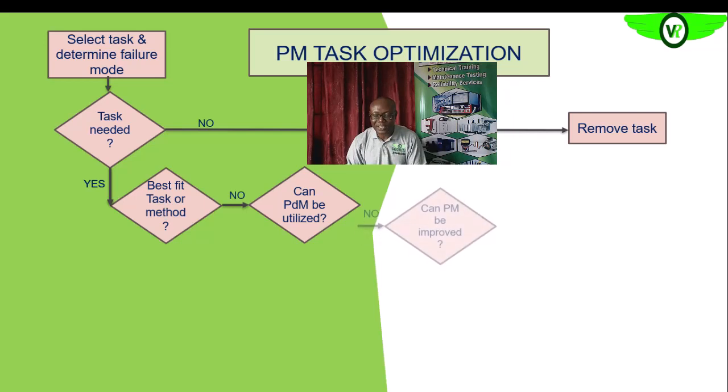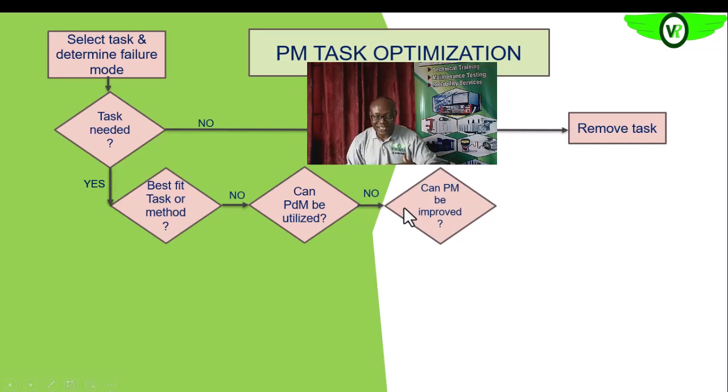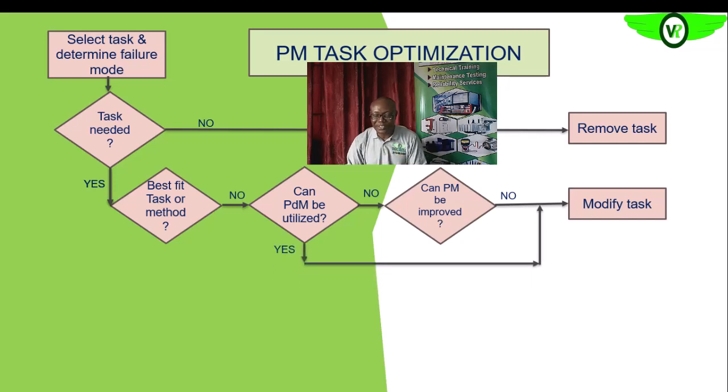If there is no PdM task, can we improve on the PM to ensure that failure mode is better taken care of? If the answer is no, then we'll try to modify the task. But if the PdM answer is yes, we also try to modify the task.